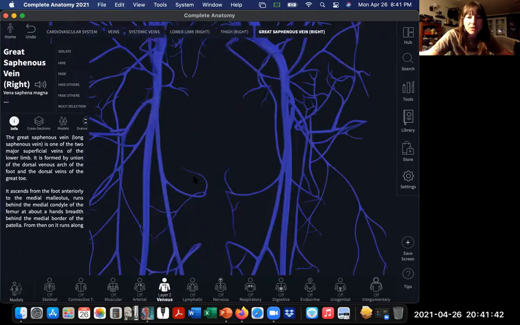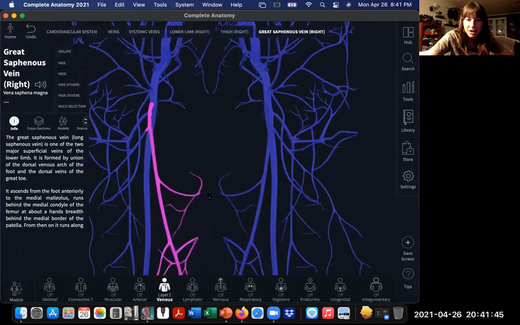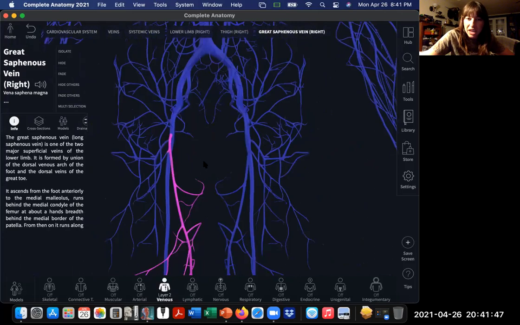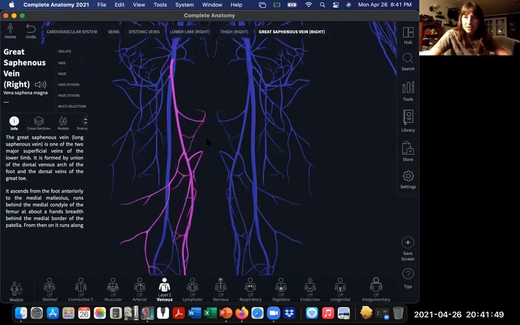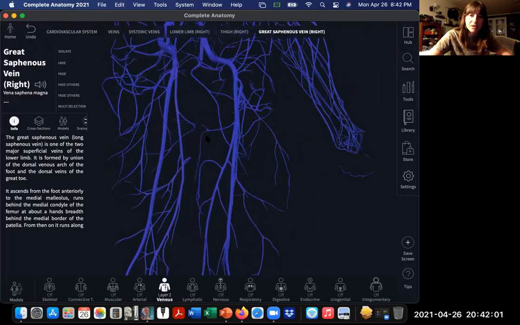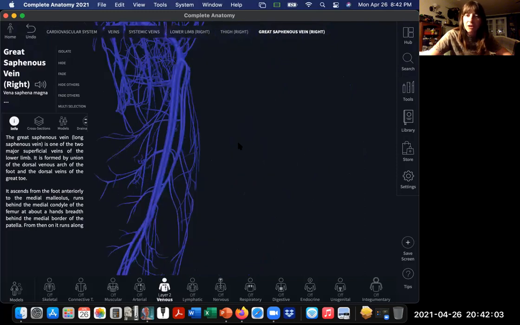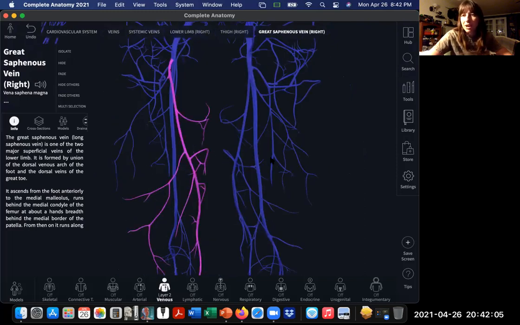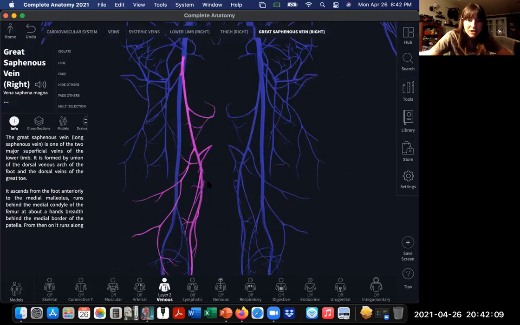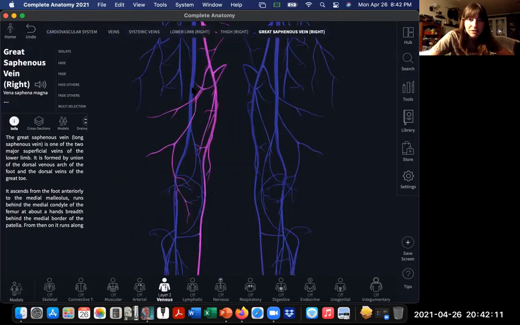So if we're doing a bypass surgery on the heart and we need a little piece of a vein to replace a blocked part near your heart, this vein is one that's commonly used. Saphenous also means obvious. So it's the obvious vein to use in case of needing a piece of vasculature from elsewhere in the body in order to do a bypass surgery on the heart. Kind of cool, right? So that's the great saphenous vein.